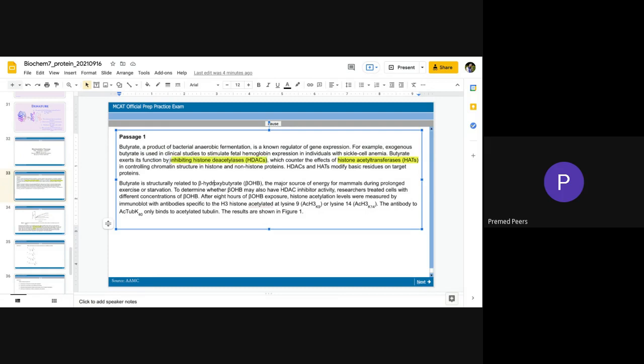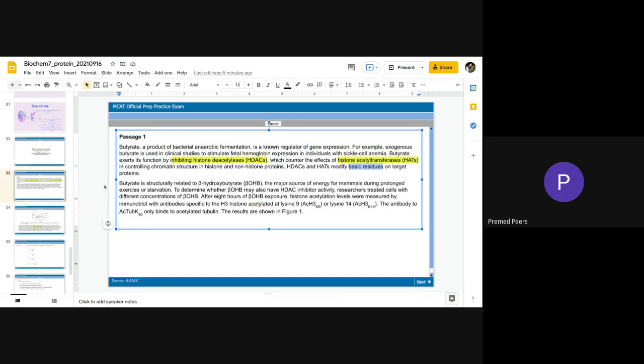So basically, butyrate inhibits this HDAC, and HDAC basically does the opposite of the HATs, and HDAC basically controls the chromatin structure within the histone and non-histone protein, and they can only modify basic residues.